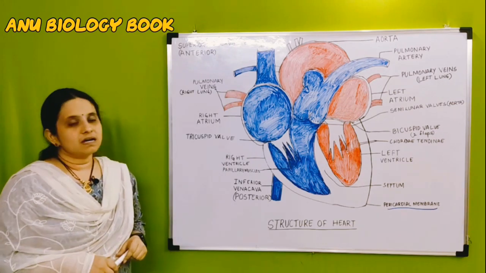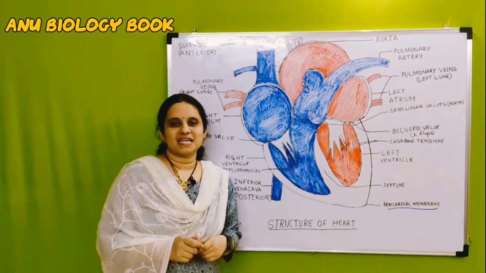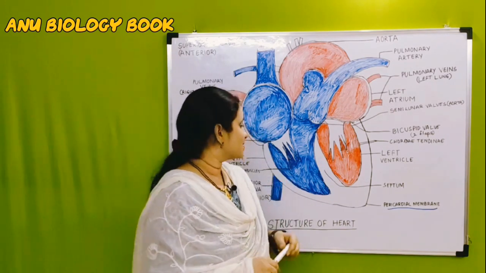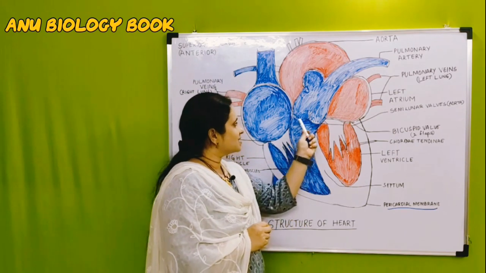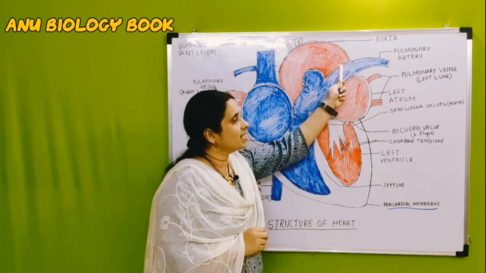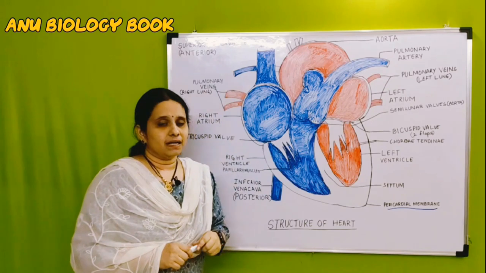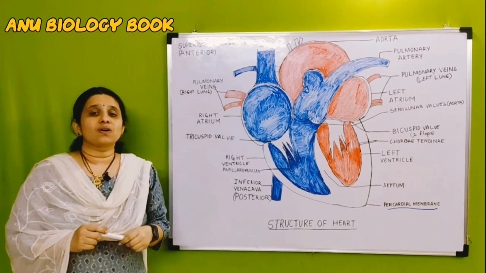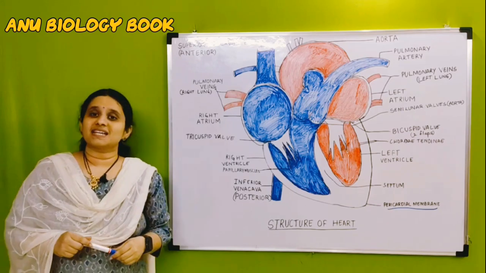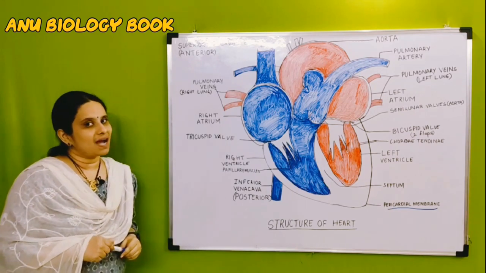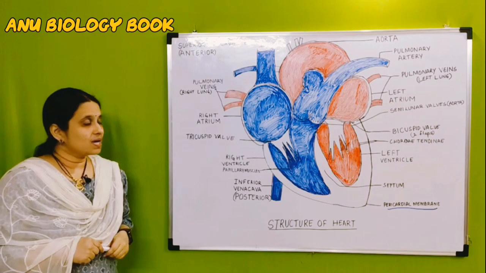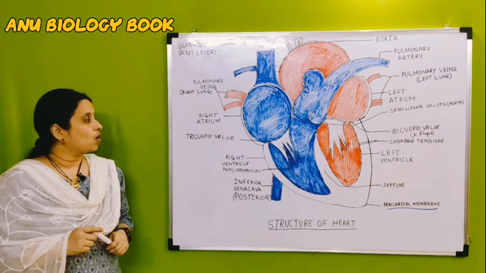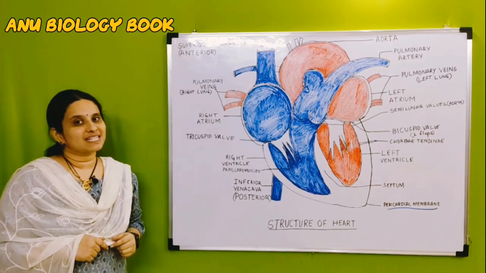First of all, let us see about the two important arteries present in the heart. First, let us see about the pulmonary artery. As I told you, the arteries always carry the oxygenated blood. There is an exception about the pulmonary artery. As I told, the right side of the heart always carries deoxygenated blood.